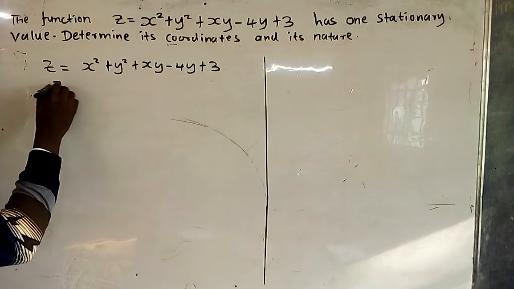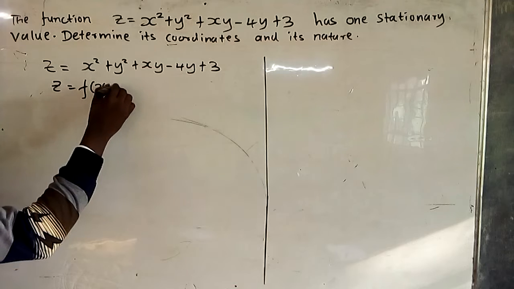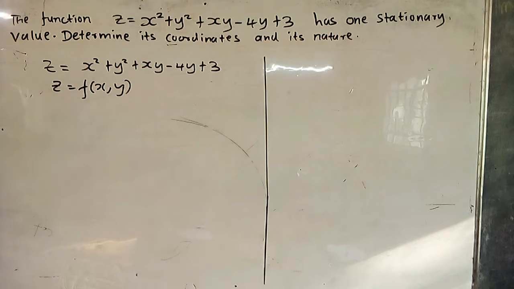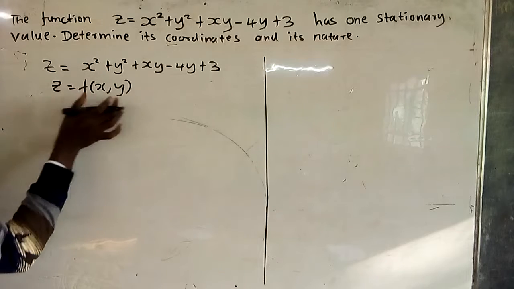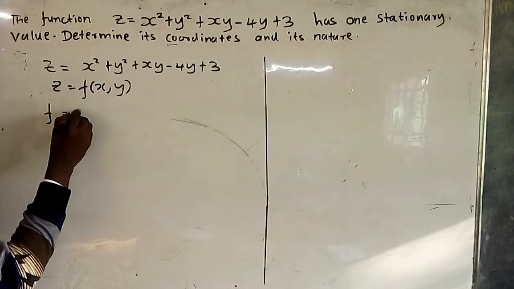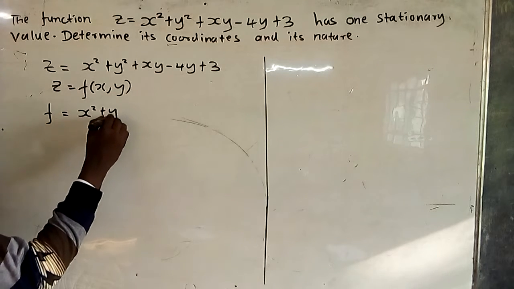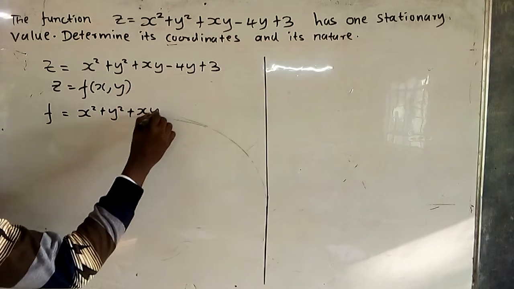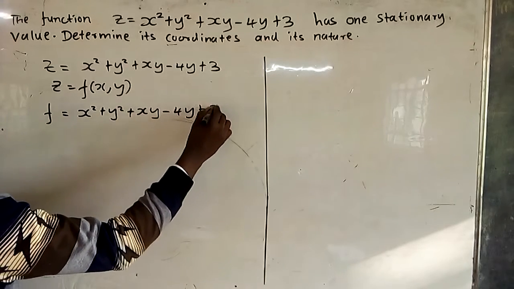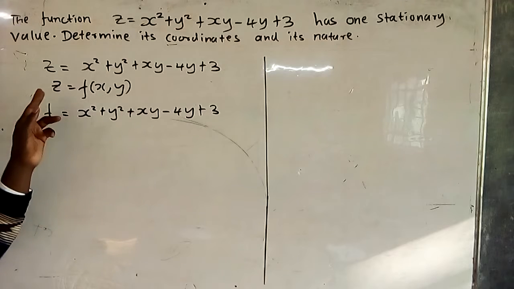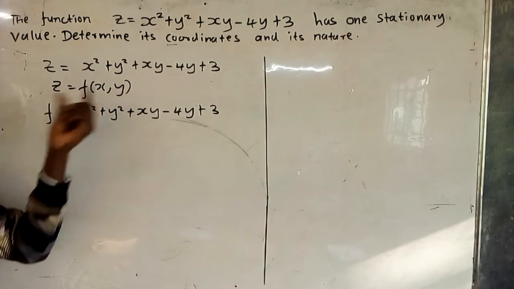Are we together? So we say where there is z, we put our function f. So the function f is x squared plus y squared plus xy minus 4y plus 3. Function z is the same as f of xy.